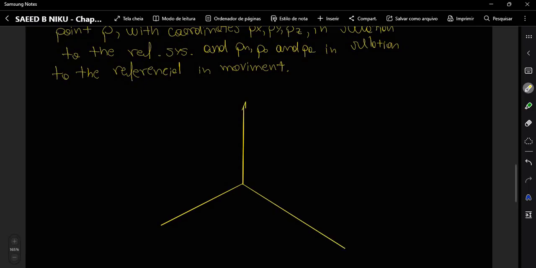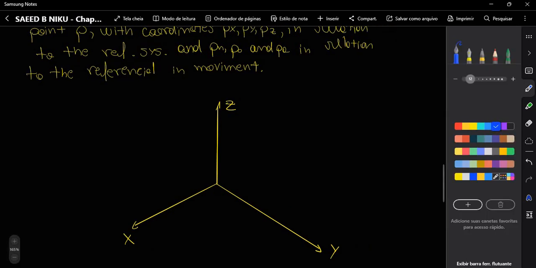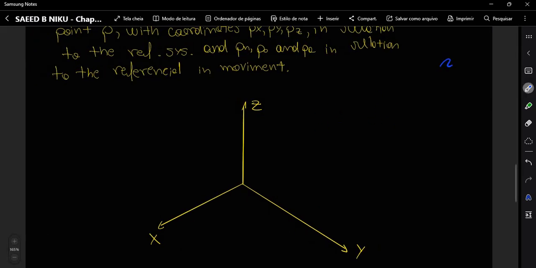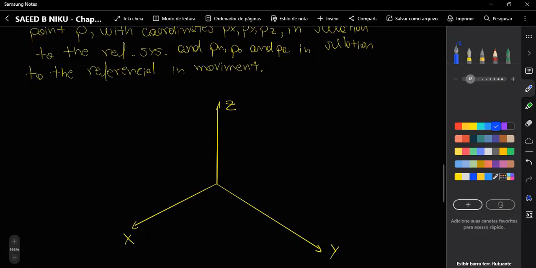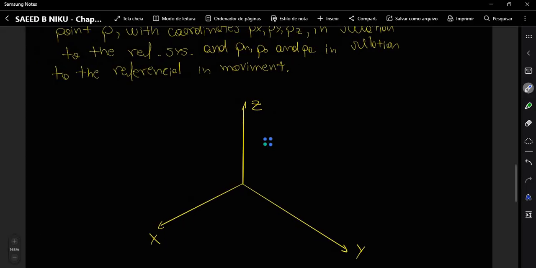So we have the axis Z, the axis X, and the axis Y. And we have another ref system which is referenced to this XYZ system.